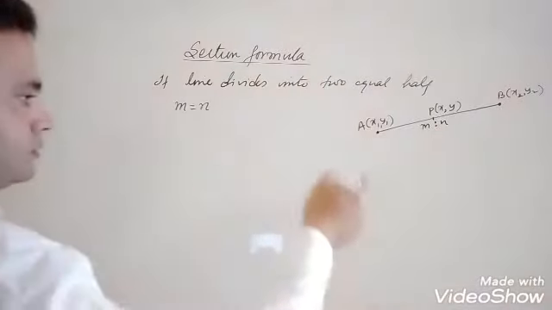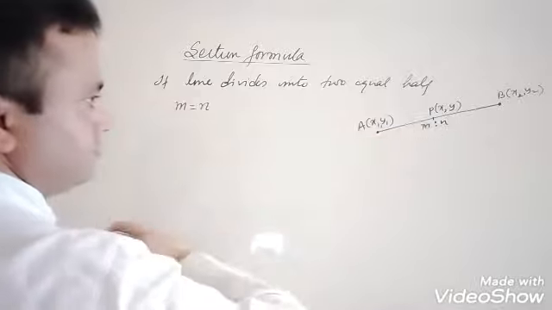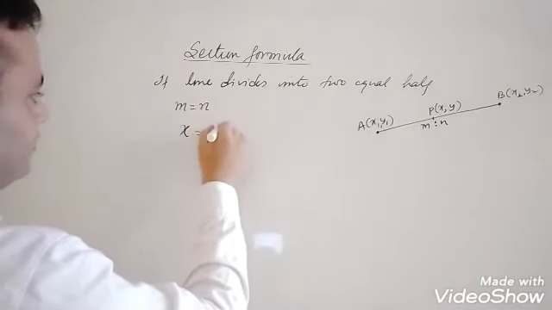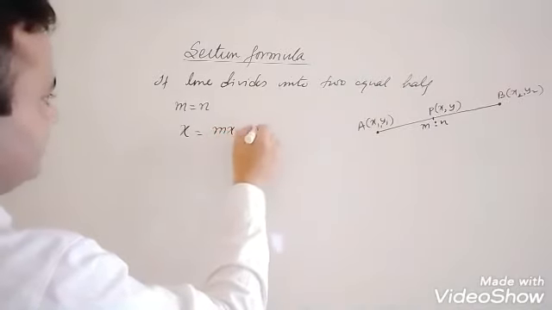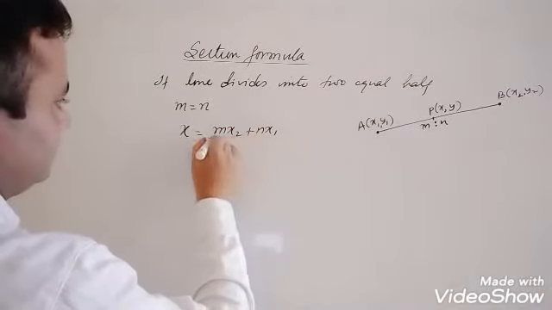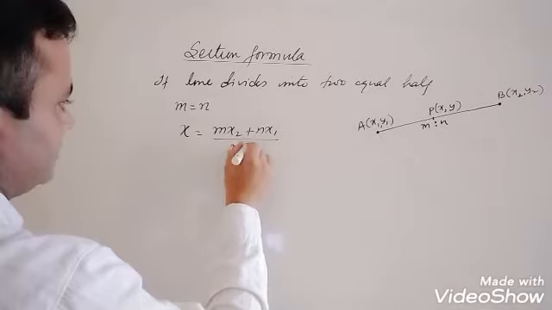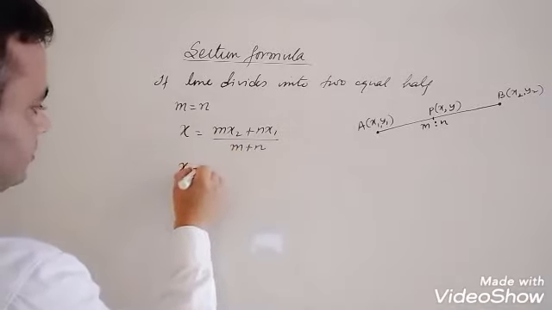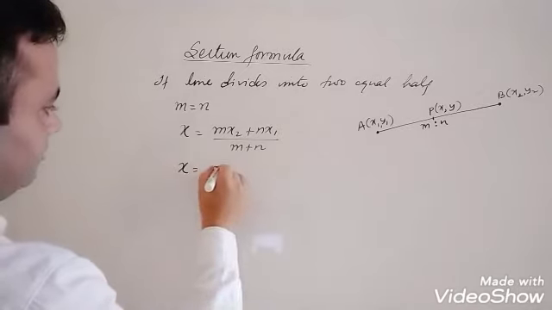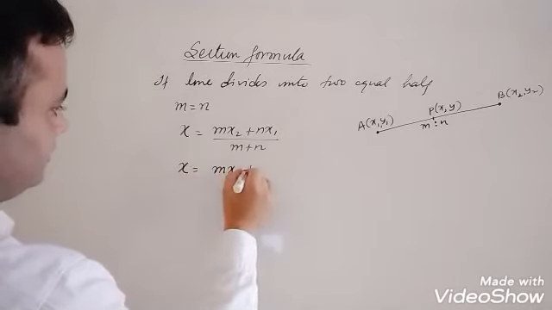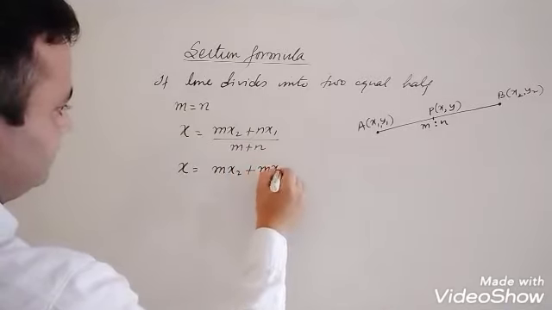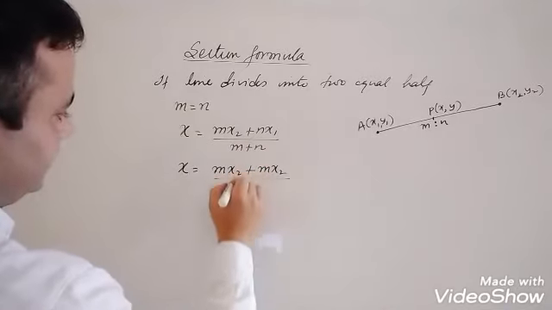Now apply the section formula in this situation. The formula is x equals mx2 plus nx1 divided by m plus n. Since n equals m, x equals mx2 plus mx1 divided by m plus m.